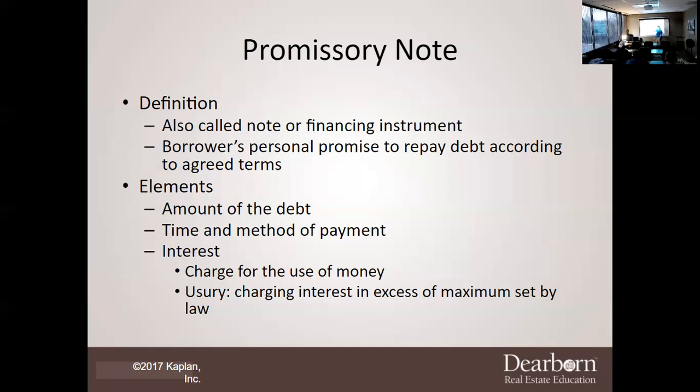If we didn't have this part right here, could you charge me 100% per day of interest? Yeah. Would I ever get out of debt to you? No, I'd be in debt to you forever. So in that situation, the government created usury laws to keep individuals from being indebted to banks for the remainder of their life. Now, some people will say 20% is too much.